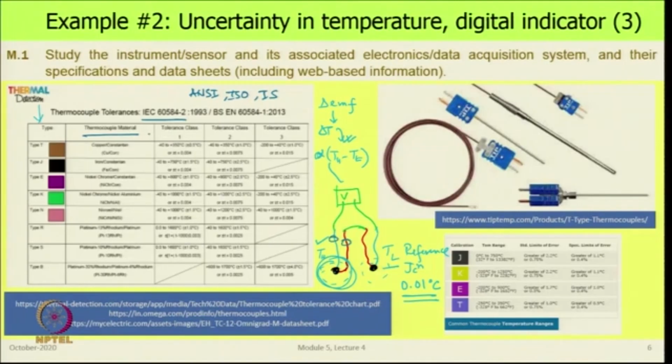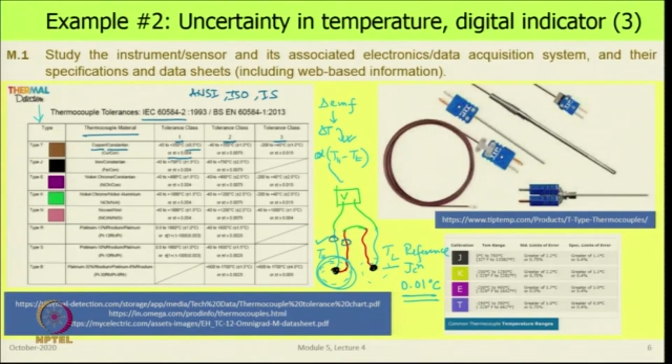So, there is tolerance class 1, tolerance class 2 and tolerance class 3. And we will look at, say, the type T thermocouple, where one wire is of copper, the other is of constantan. And it says that if you have a class 1 thermocouple with this, we can expect an uncertainty of plus minus 0.5 degrees Celsius or the value times 0.004, whichever is greater.